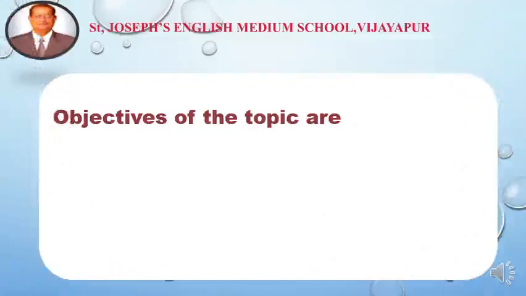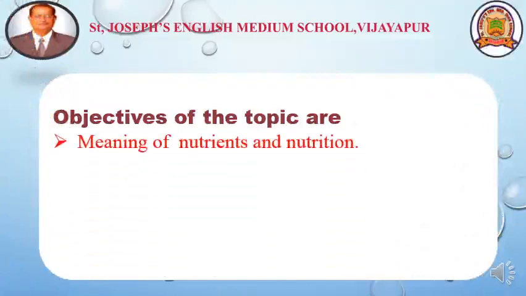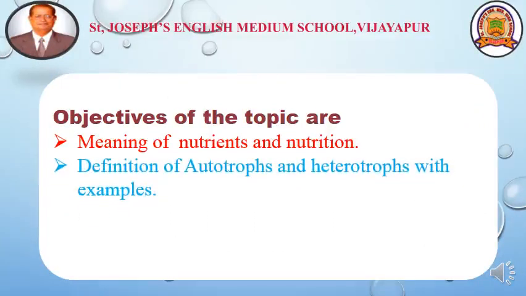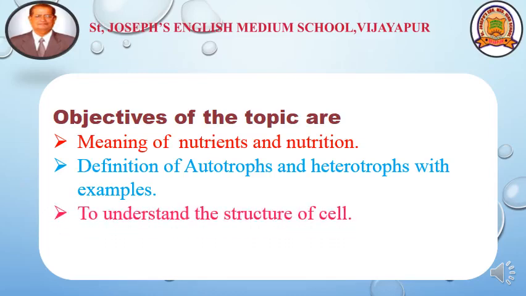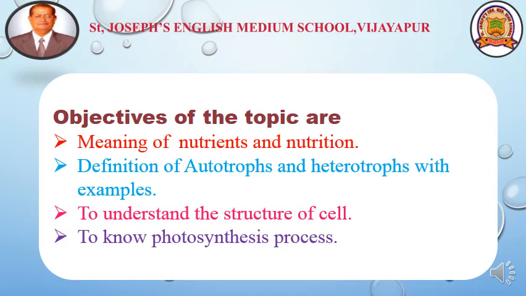Objectives of the topic are: to know the meaning of nutrients and nutrition, definitions of autotrophs and heterotrophs with examples, to understand the structure of cell and its parts, to know the photosynthesis process, the role of different parts of the plant, and the byproduct of photosynthesis. These are all things we are going to understand in this topic. Hope all of you are ready for the class. Let's begin.